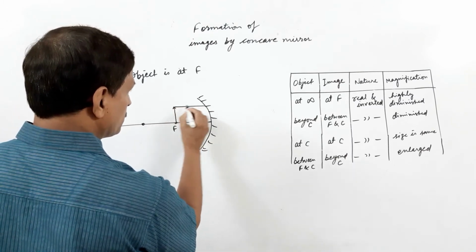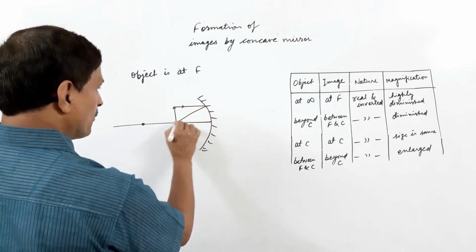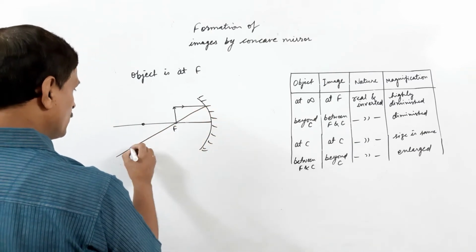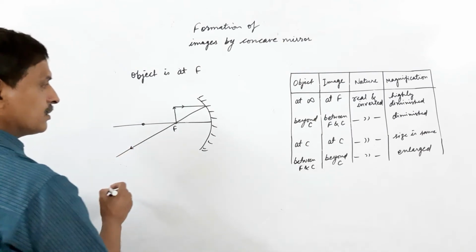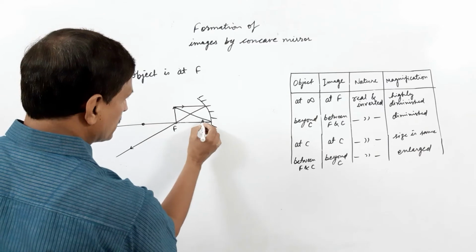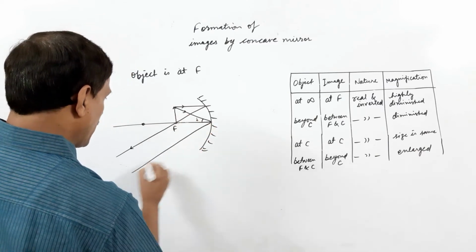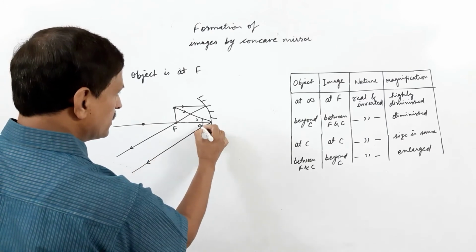Applying the first rule, a ray parallel to the principal axis passes through the focus. Second, the angle of incidence is equal to the angle of reflection.